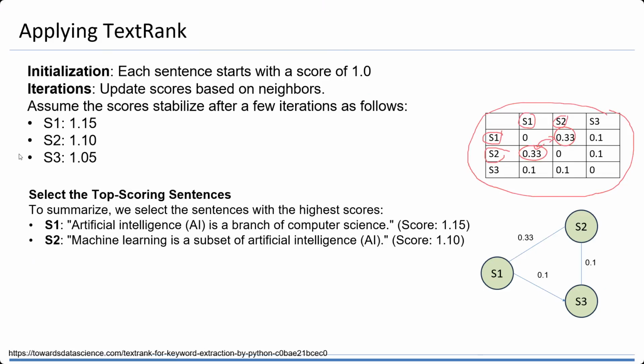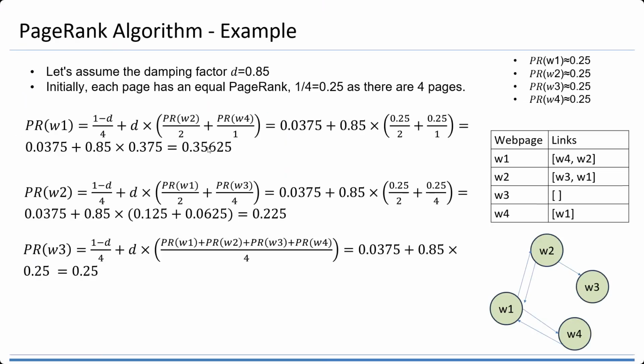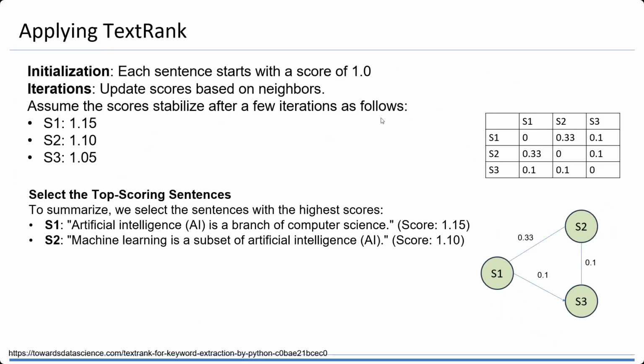If you still remember, in PageRank you have outgoing links. So web 1 can have a link to web 2, but maybe web 3 doesn't have any link to web 2. So in this case, we need to look at the outgoing. This is the PageRank algorithm. But for TextRank, we don't need to consider outgoing.